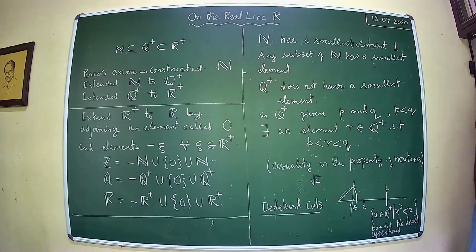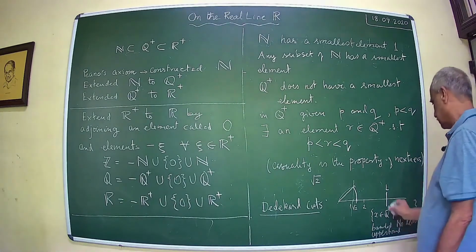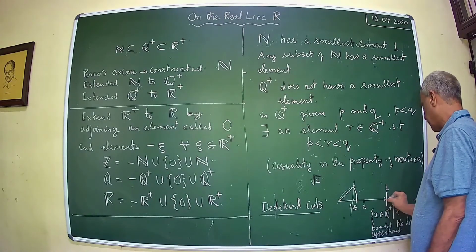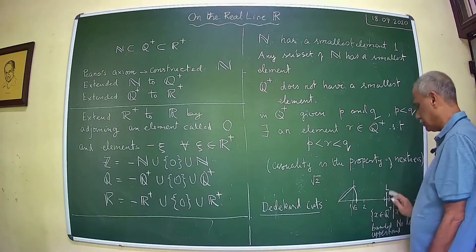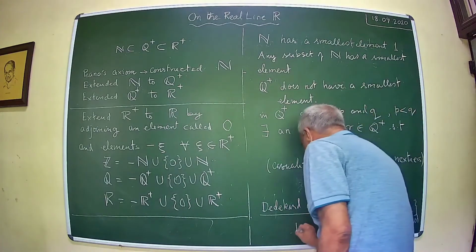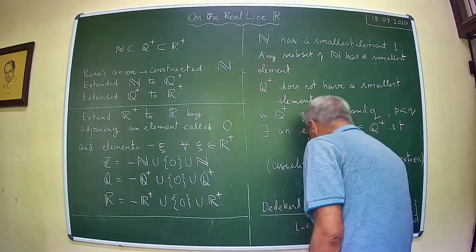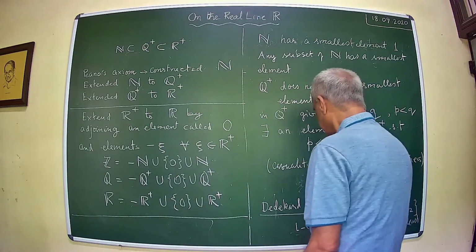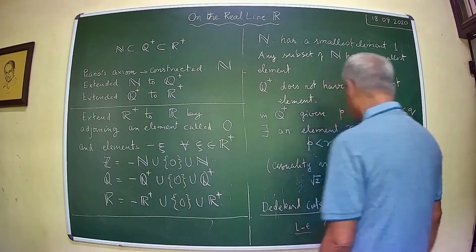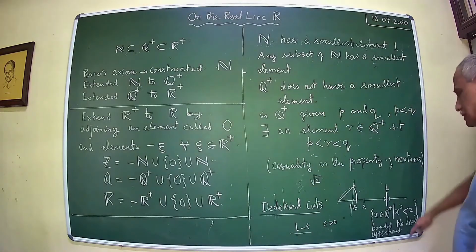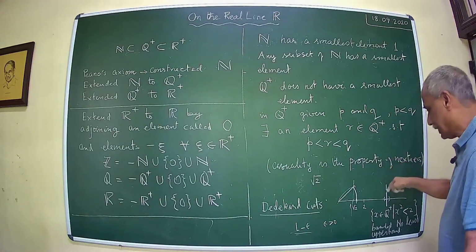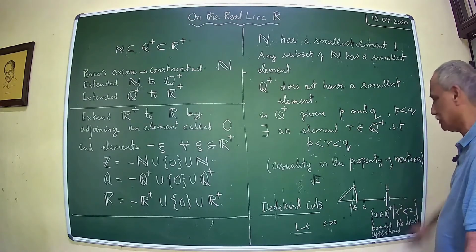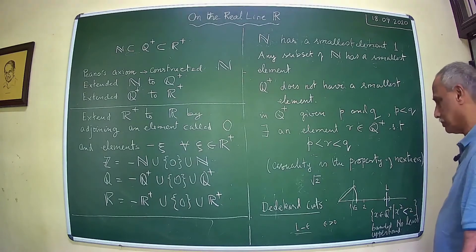Then it says that in any interval surrounding it, so you take L minus epsilon for any positive epsilon, then you can find an element of the set there. So that's the least upper bound.